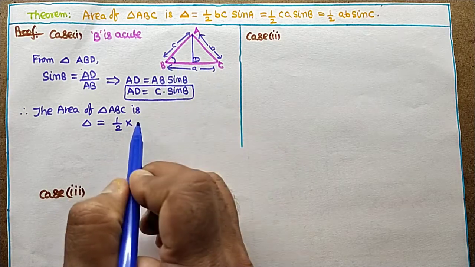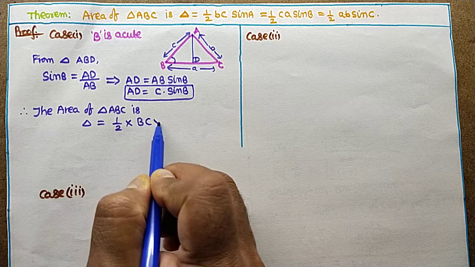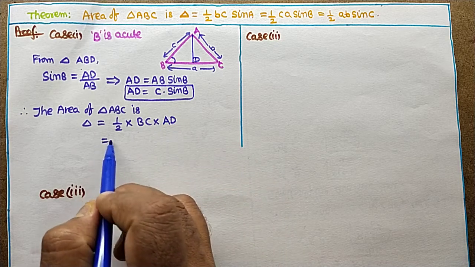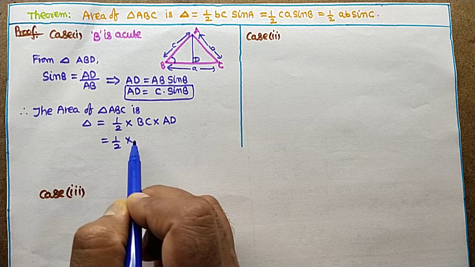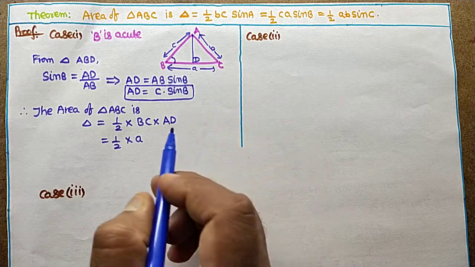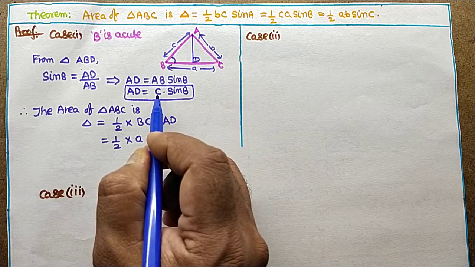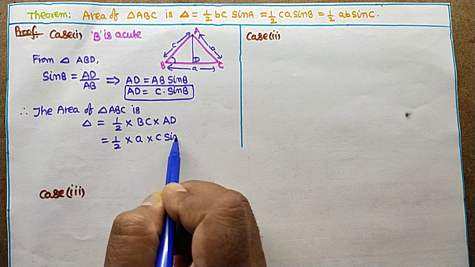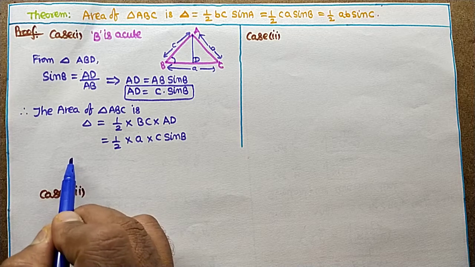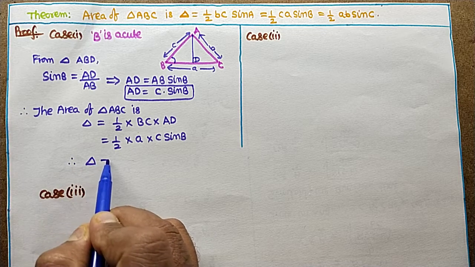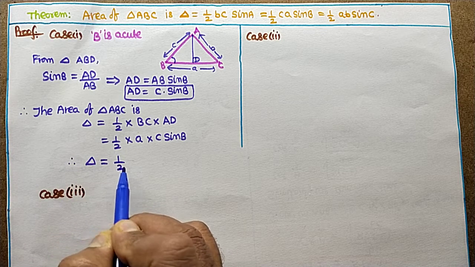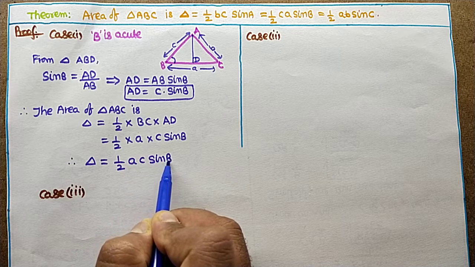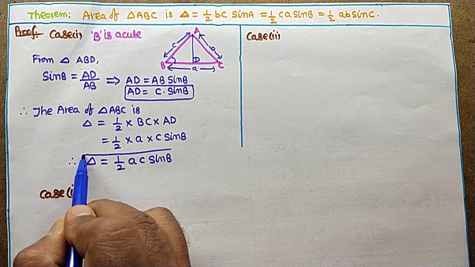Base of the triangle is BC into height. Height means AD. Half into BC, value is small a. BC is equal to small a. And AD value we got here, c into sin B. Therefore, the area of triangle when B is an acute angle is half AC into sin B. Hence proved in case 1.